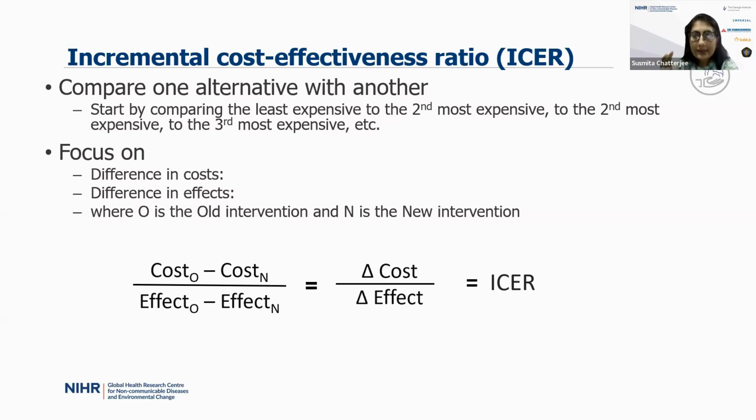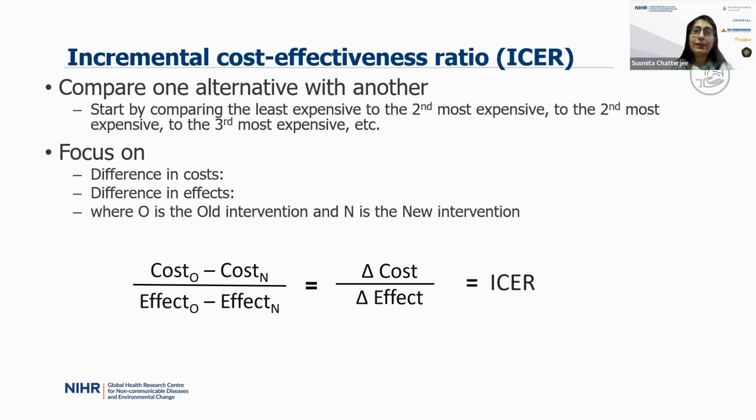So for reducing the incidence of diarrheal disease, maybe cholera incidence, you could have 3 options, right? And when you are doing the cost effectiveness analysis or cost utility analysis, you are comparing between these 3. So you have to find out which is your most cost effective intervention.